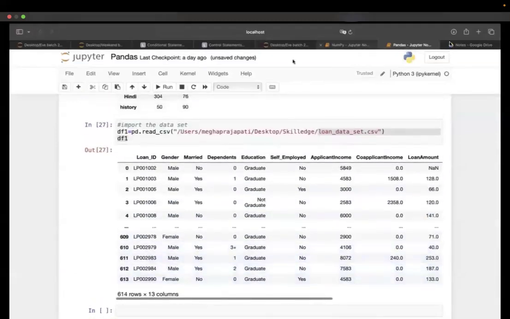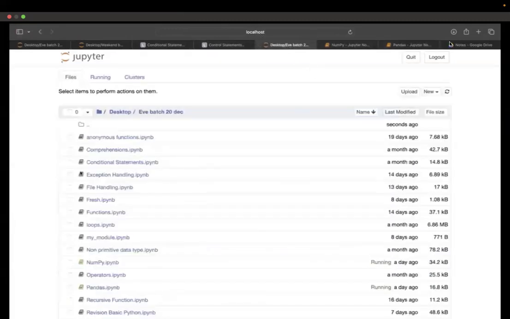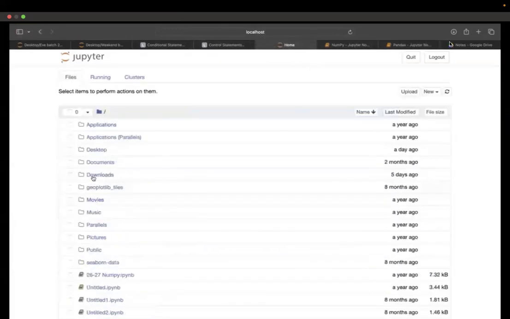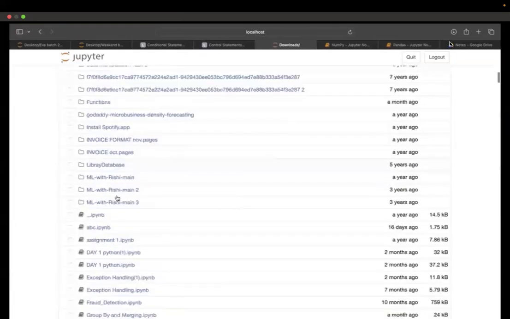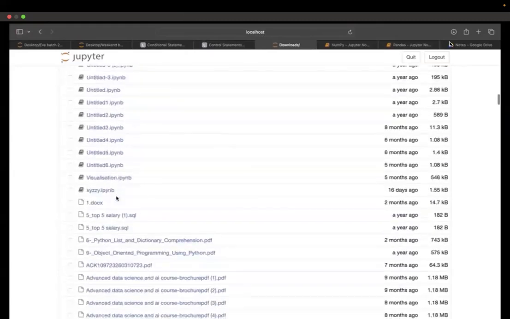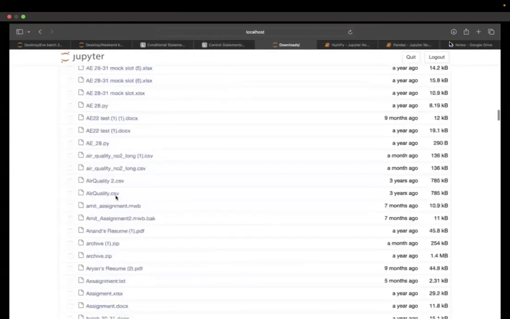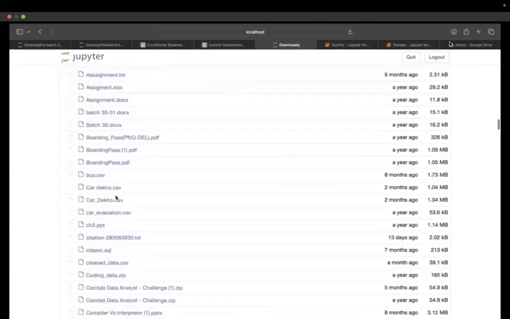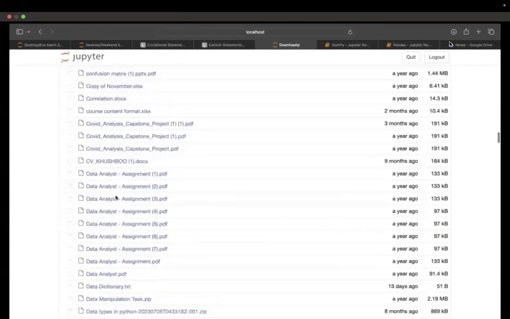Now, I will show you one thing. Right now we are dealing with comma separated values. Everybody knows that. Now, where is my CSV file? I'm searching for that file. I want to show you something. Wait a minute.